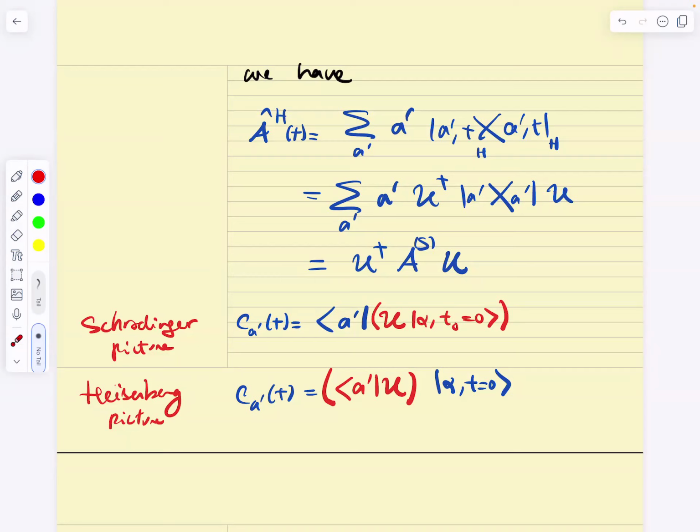This is the Schrodinger picture. The Heisenberg picture says your ket is fixed, but the observable A is evolving in time, and its eigenkets are evolving in time. It's still the same expression. It's about whether you interpret this equation as acting on the right or acting on the left. This is the difference between the Schrodinger and Heisenberg pictures.